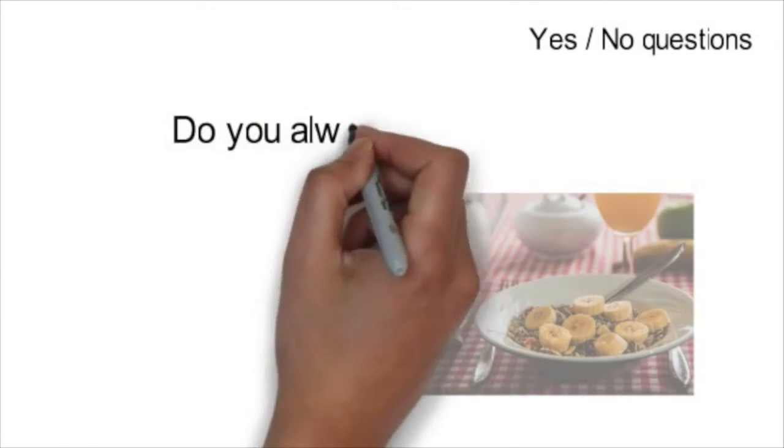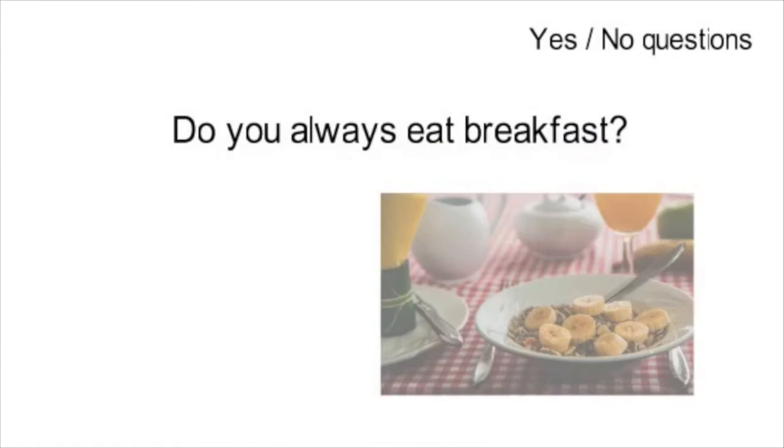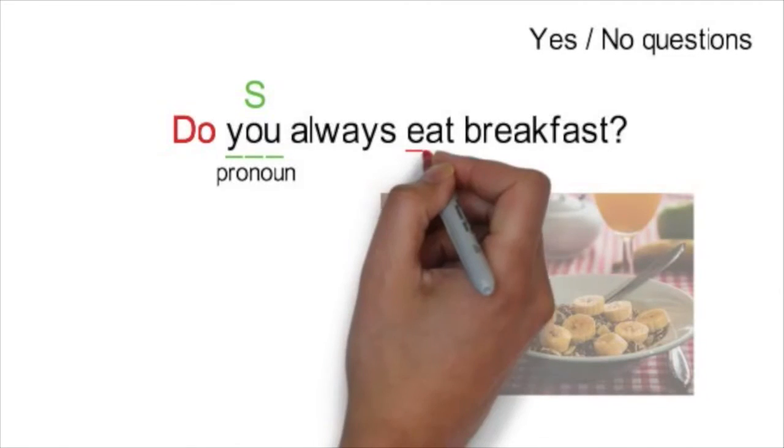Do you always eat breakfast? The first word is do for the pronoun you. The second word, you, is the subject of the question. In this question, you could be replaced with a regular noun or a proper noun. Remember, though, the subject must agree with the verb.